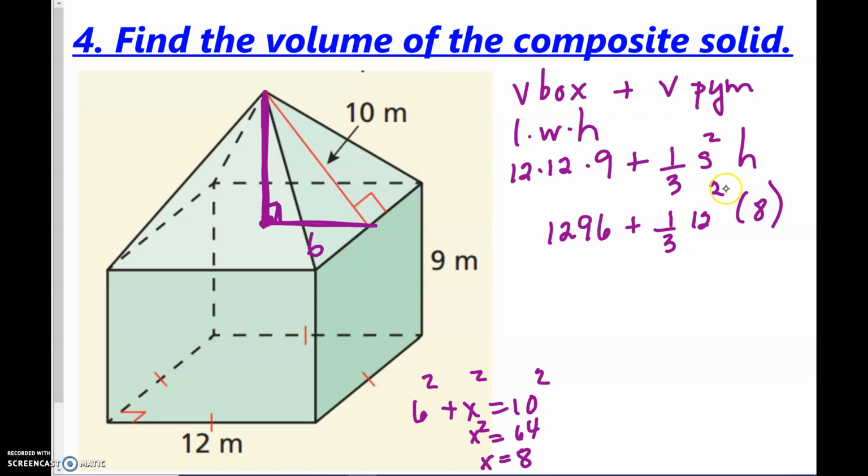And now don't forget that this is 12 squared in here, not just a 12. If we multiply this out, we're going to get 1680 meters cubed. So the volume of this composite is the box plus the volume of the pyramid. All right, your homework is going to be on line 11-6.